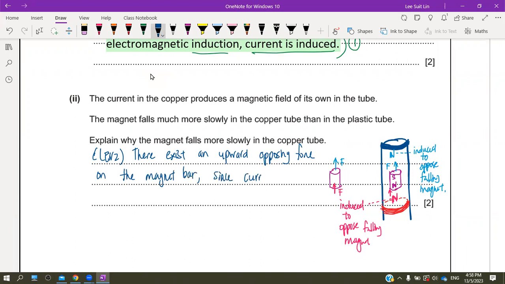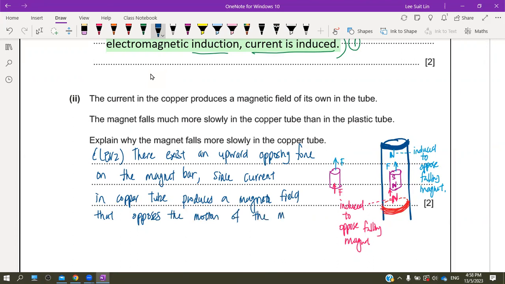Since current in the copper tube produces a magnetic field that opposes the motion of the magnet bar. If you don't want to say opposes the motion of the magnet bar, then you can say opposes the change causing it, which is the magnet bar falling.